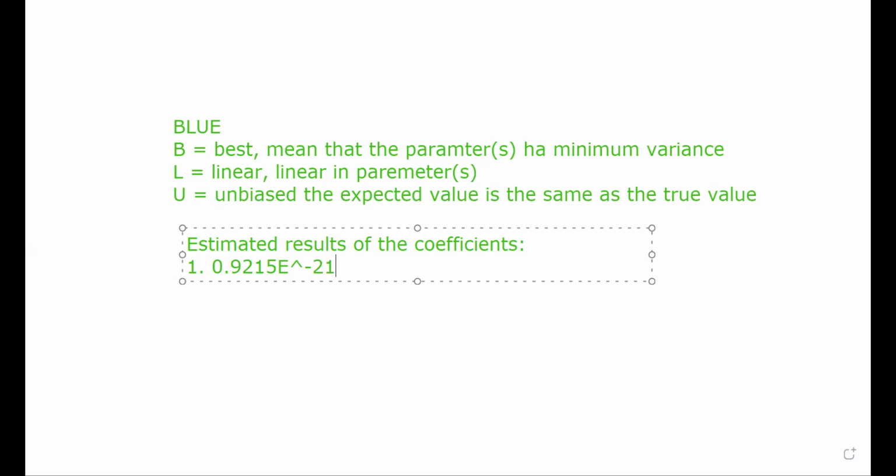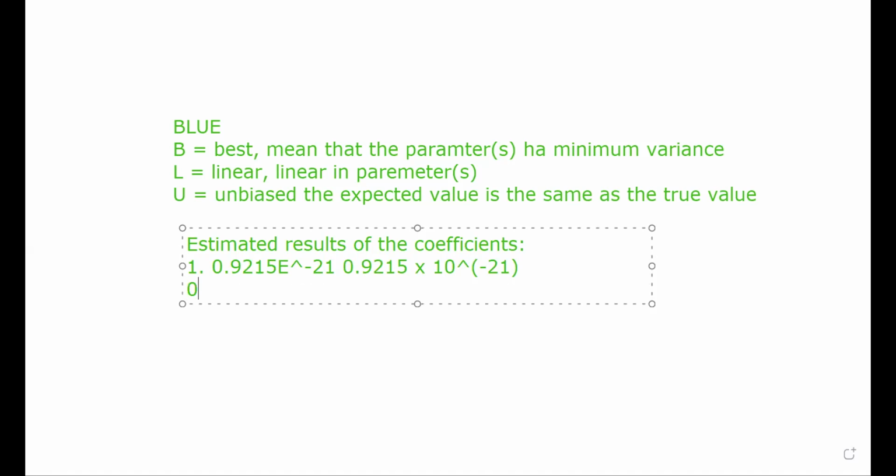That's what you mean? Yes. This one is 0.9215 times 10 to the power minus 21. This means you have 0, 0, 0, 0, 0, minus this one until 21.